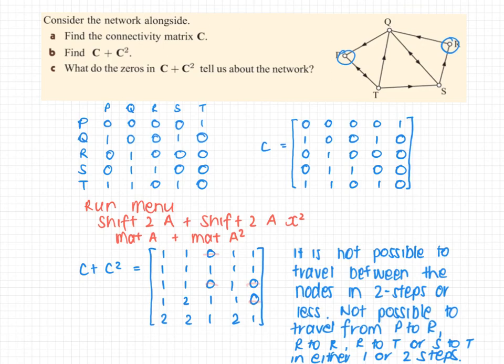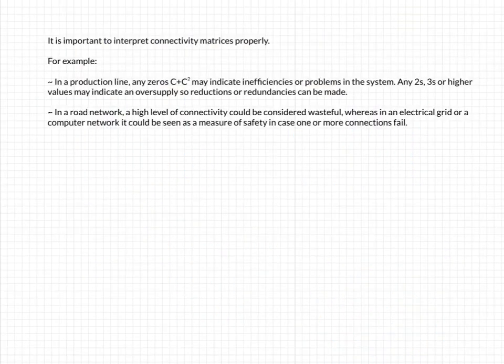Alright, this final matrix, there's no high efficiencies. It is important to consider the interpretation at the end. So sometimes if we had zeros in our production line, it might indicate that there's some inefficiencies or problems in the system. If we've got 2s or 3s with higher values, it might indicate an oversupply.